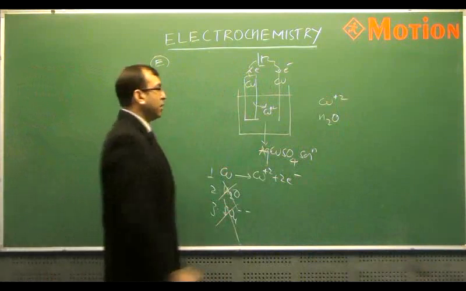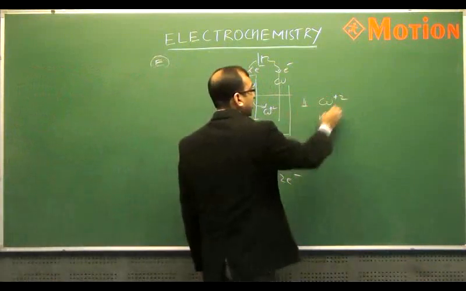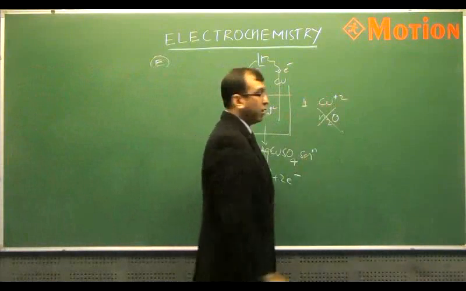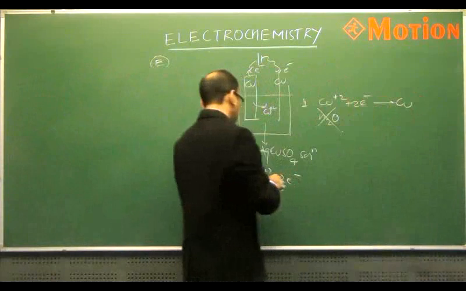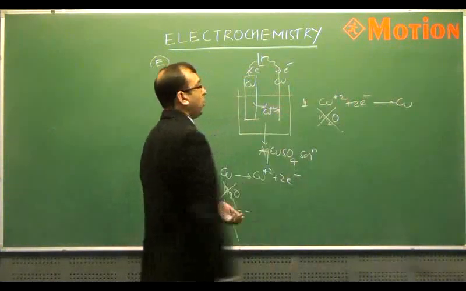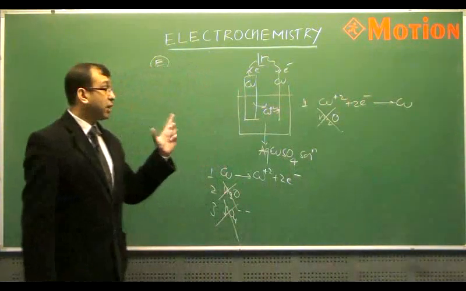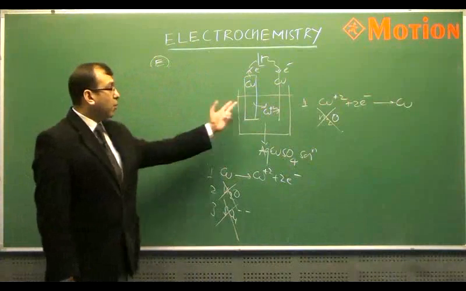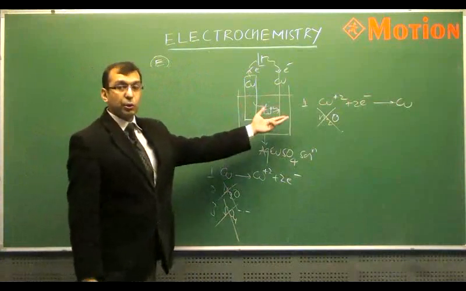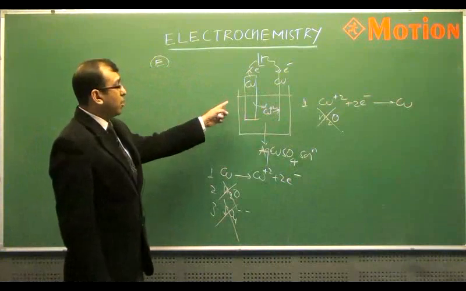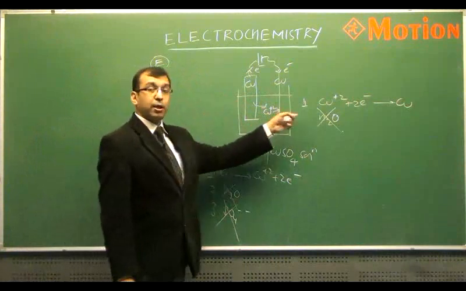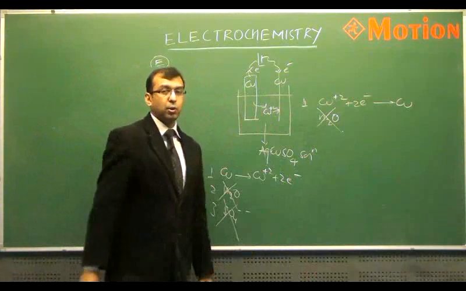For reduction potential, it's the copper which is reduced ahead of water. So Cu2+ plus 2 electrons gives copper. Will the copper deposit? Yes, copper will deposit. Look again, copper is oxidized, copper is reduced. It means that copper comes from the anode and ultimately passes on to the cathode.